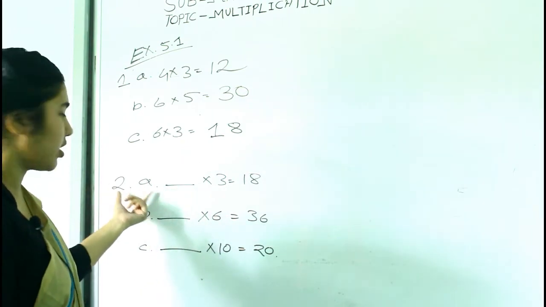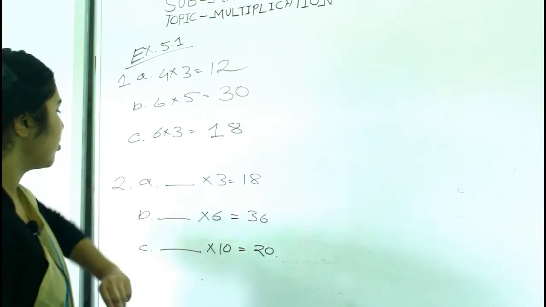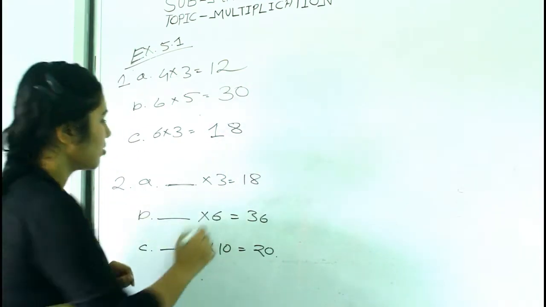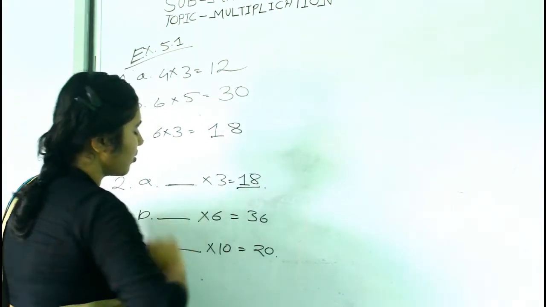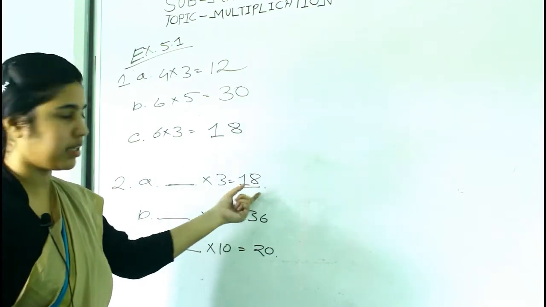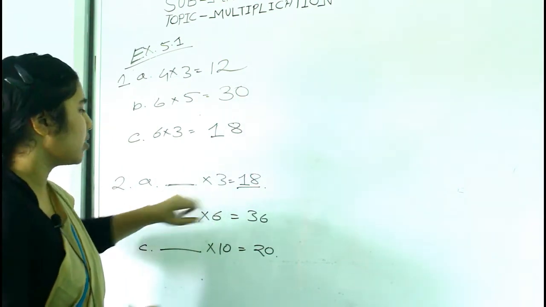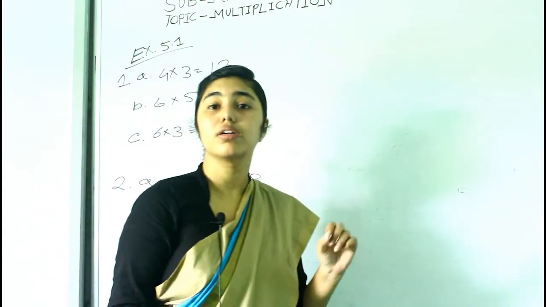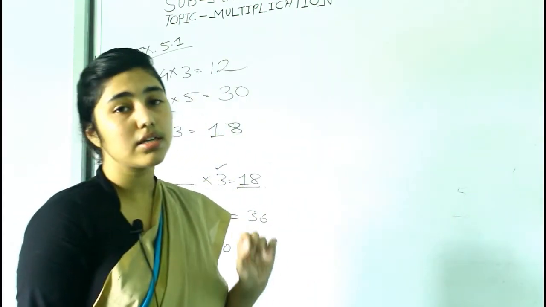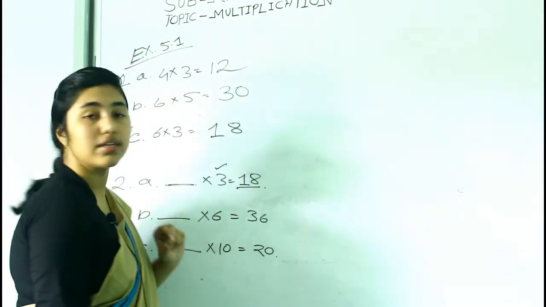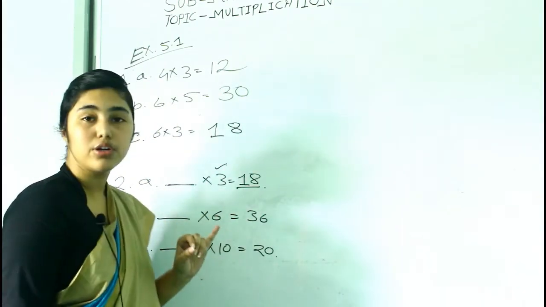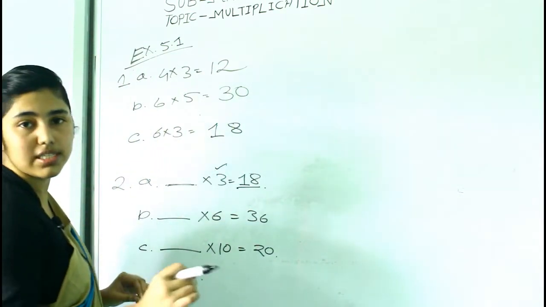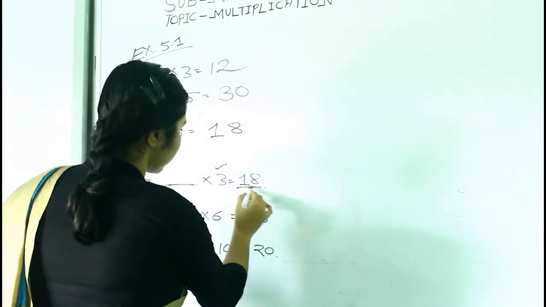Now question number 2, here we have to find this number. Our product is 18. We know from the table of 3 that 3 ones are 3, 3 twos are 6, 3 threes are 9, 3 fours are 12, 3 fives are 15 and 3 sixes are 18, right?